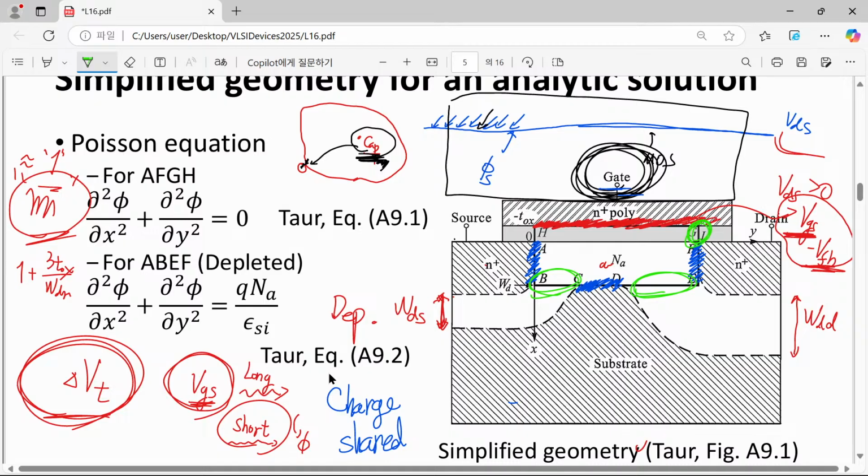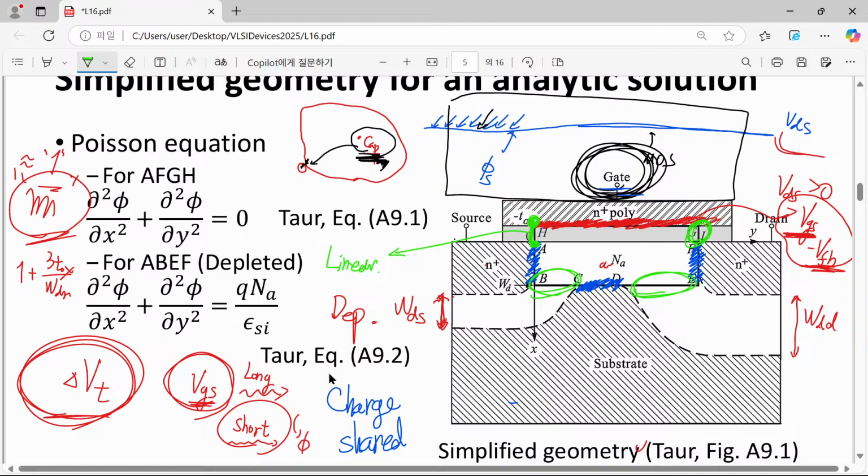Well, we know the value at this point, and we know the value at this point, and between them we have just a MOS capacitor or pure silicon dioxide. So we just assume linear variation.